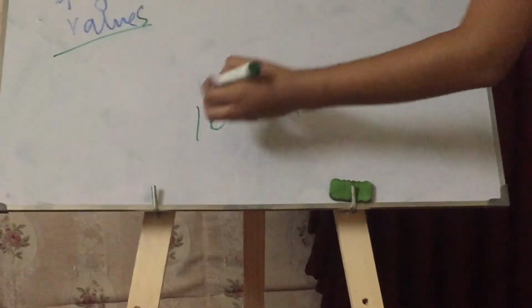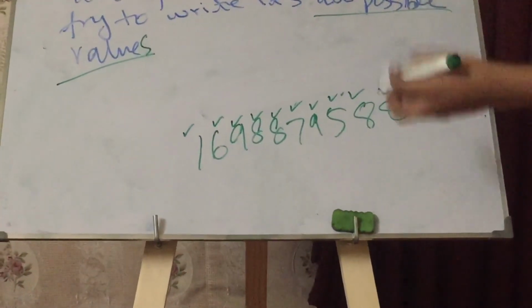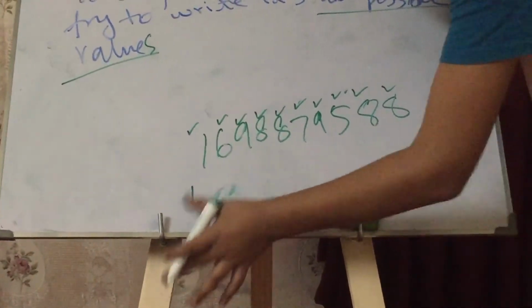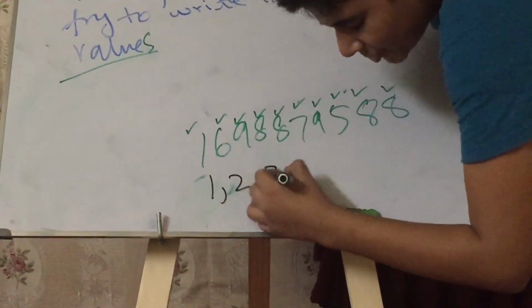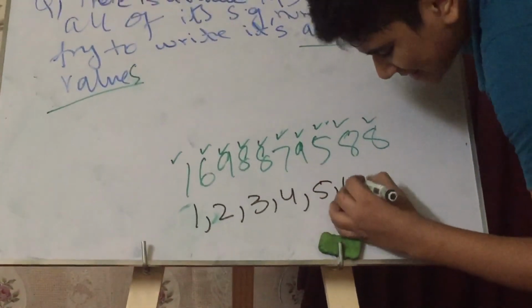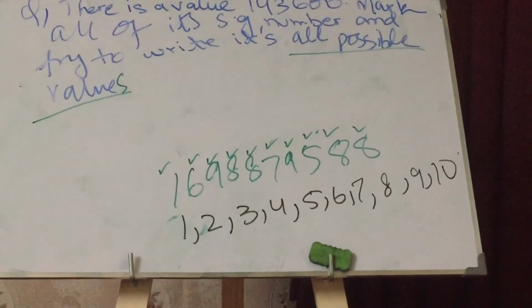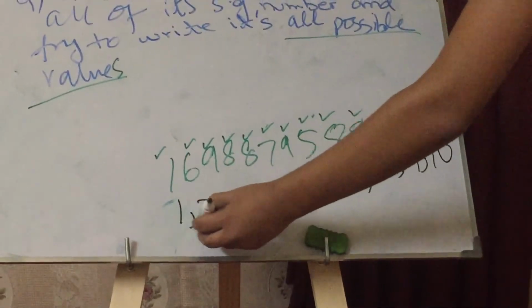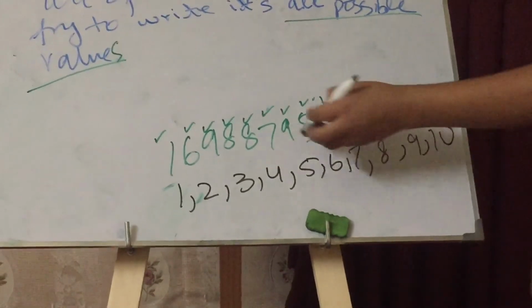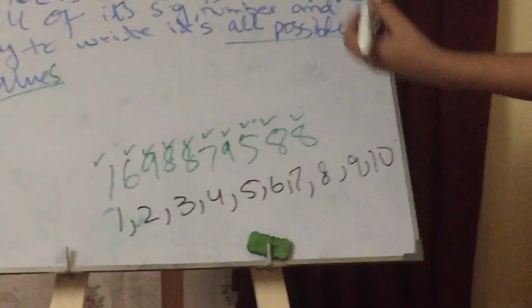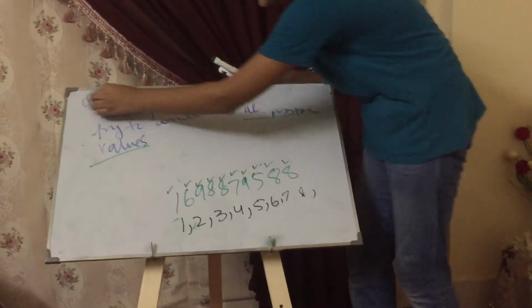The answer would be 10 digits. I know that these 1 till 5, then 6, 7, 8, 9, 10. 10 digits completed here.